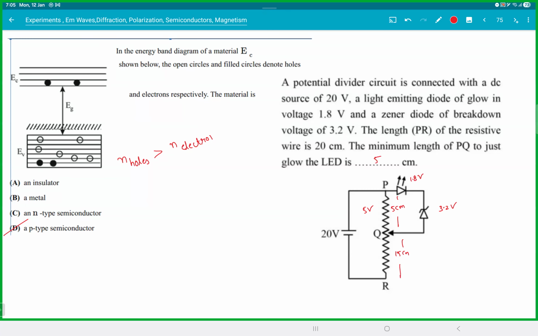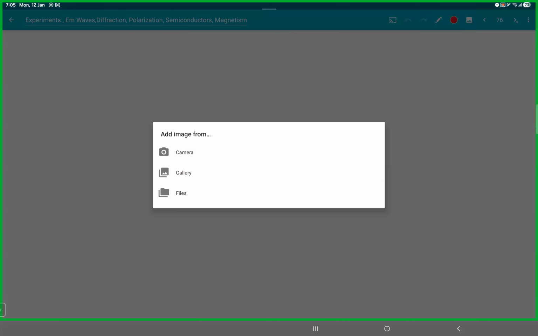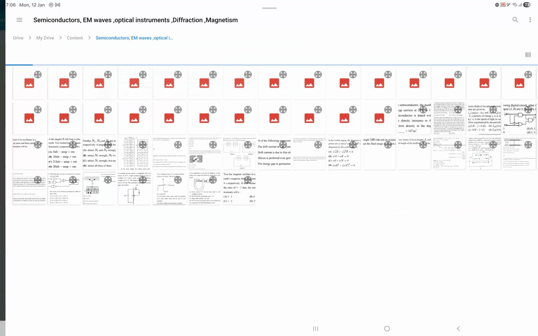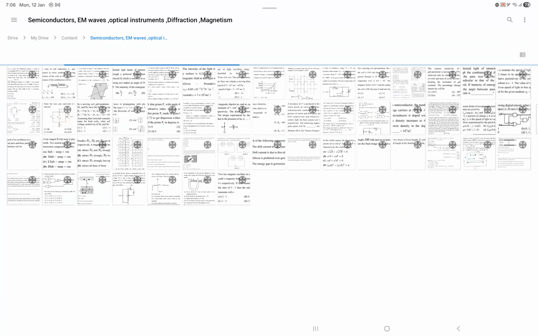Easy. So if you apply at least 5, the Zener diode will be in breakdown and the current will flow through that. Anything less than 5, the Zener diode will not get activated. It will become like an open circuit.